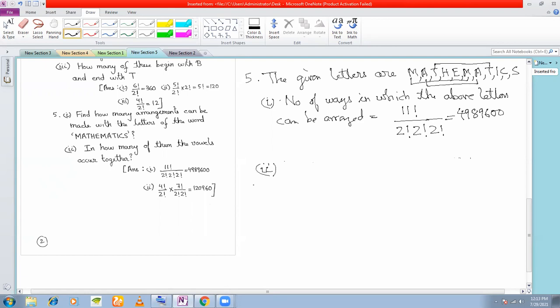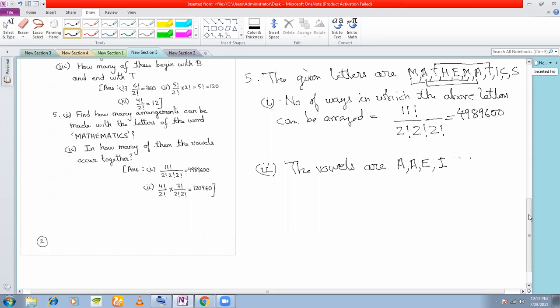In how many of them do vowels occur together? Okay. Now let's sort out the vowels. What are the vowels? A. What else? E is there. I is there. Only a single I, no? Okay.